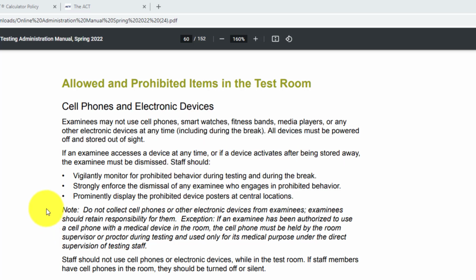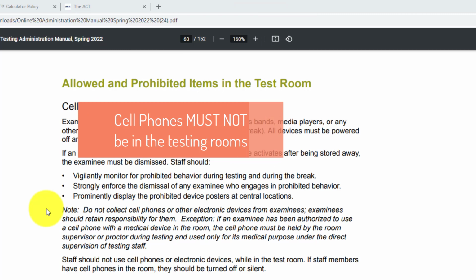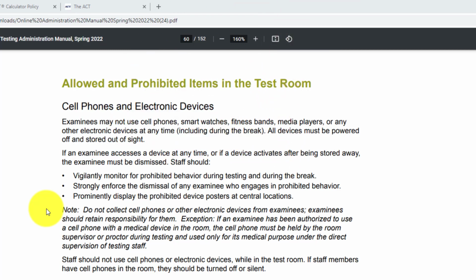So in our district for testing requires that all cell phones be collected before students enter the room. So it is very important you tell students that they need to put their cell phones in their locker if they have a locker, or leave their cell phones in the car, or leave them at home.